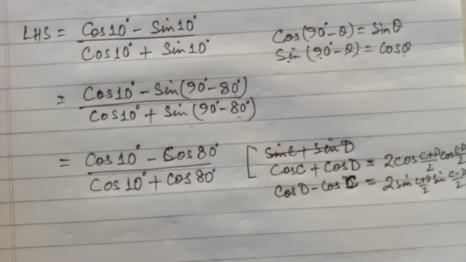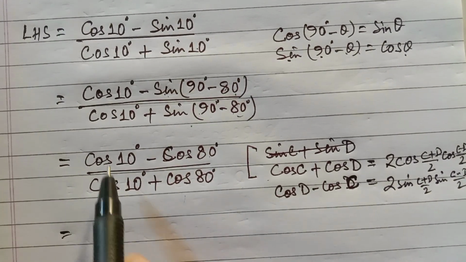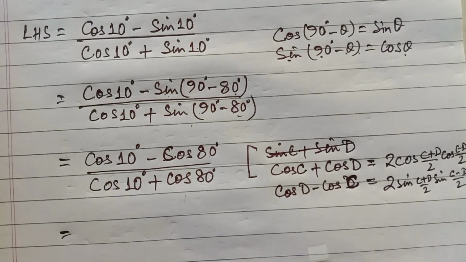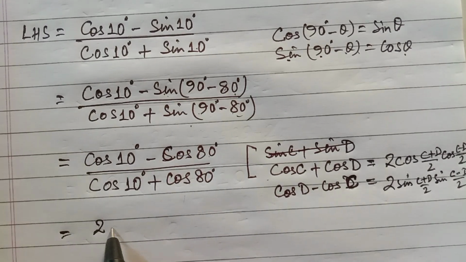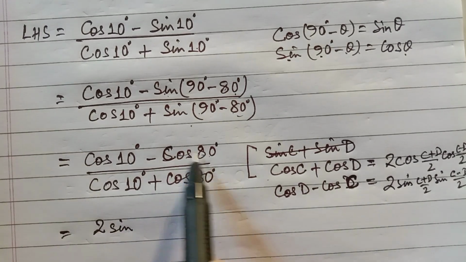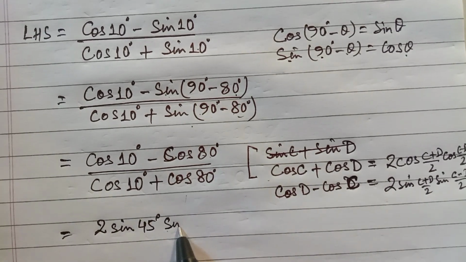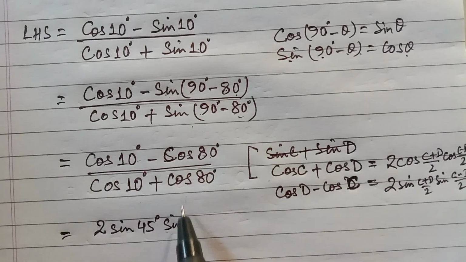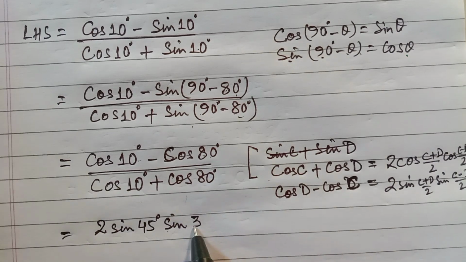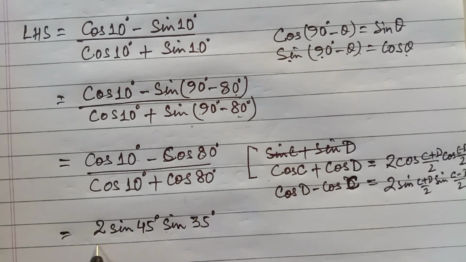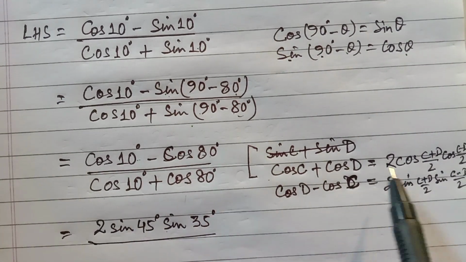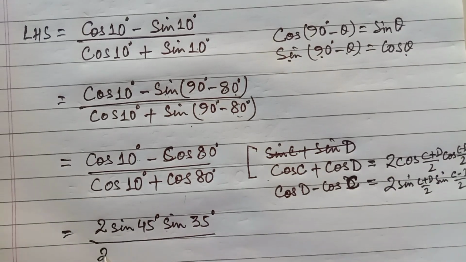So let me write it as cos minus cos, so I have sine sine, so I'm going to write 2 sine. If I add 80 plus 10, 90 by 2 is 45 degree, and if I subtract 80 minus 10, 70 divided by 2 is 35 degree, upon cos plus cos, I get 2 cos.